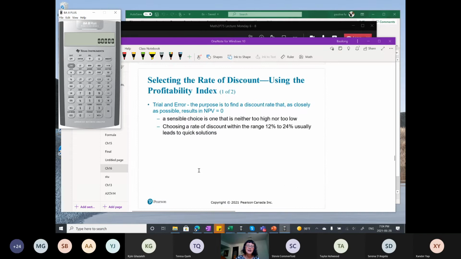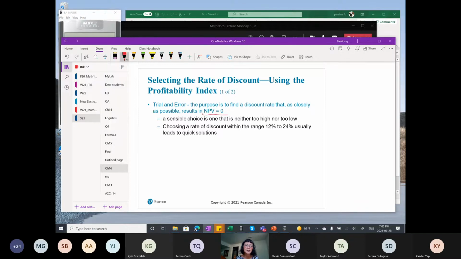When you do the trial and error, the purpose is to find a discount rate as close as possible, resulting in NPV equal to 0. Most often, people will start choosing the rate of return from 12% to 24%.